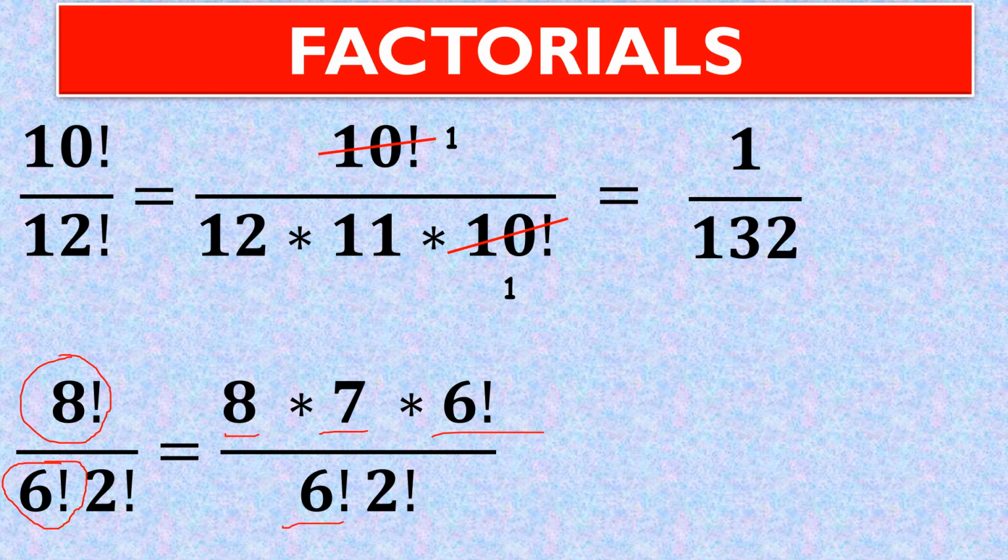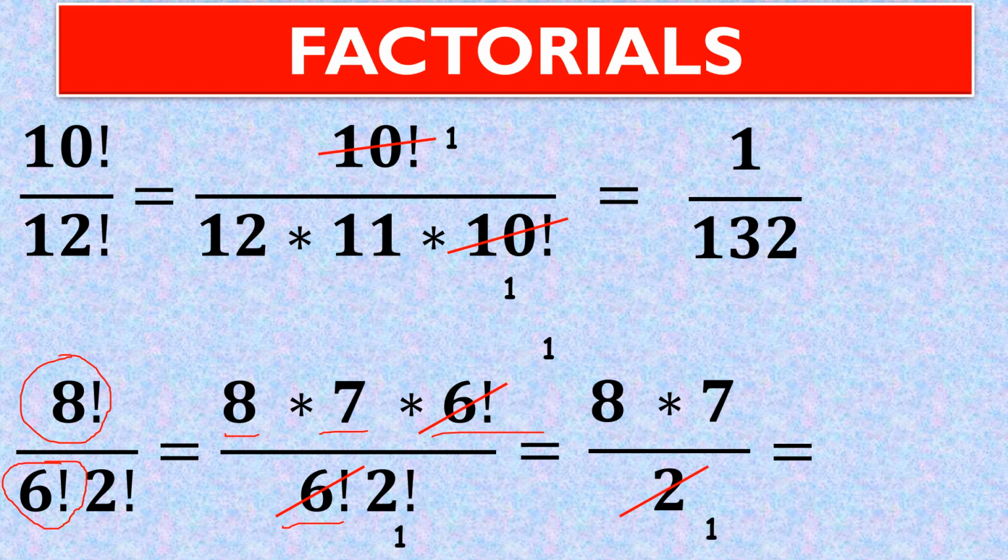You know we have 6 factorial here, so they can simply cancel out. So when that happens, you have 6 factorial here 1, and then 6 factorial here 1. So you're now left with 8 times 7, and then divided by 2, and then 2 here 1, 2 here 4. So you have 4 times 7, which is equals to 28.